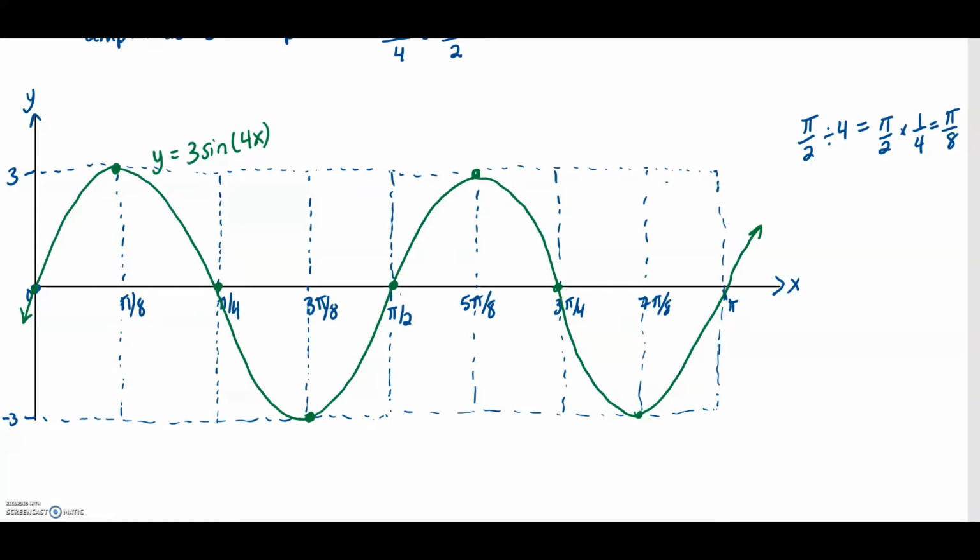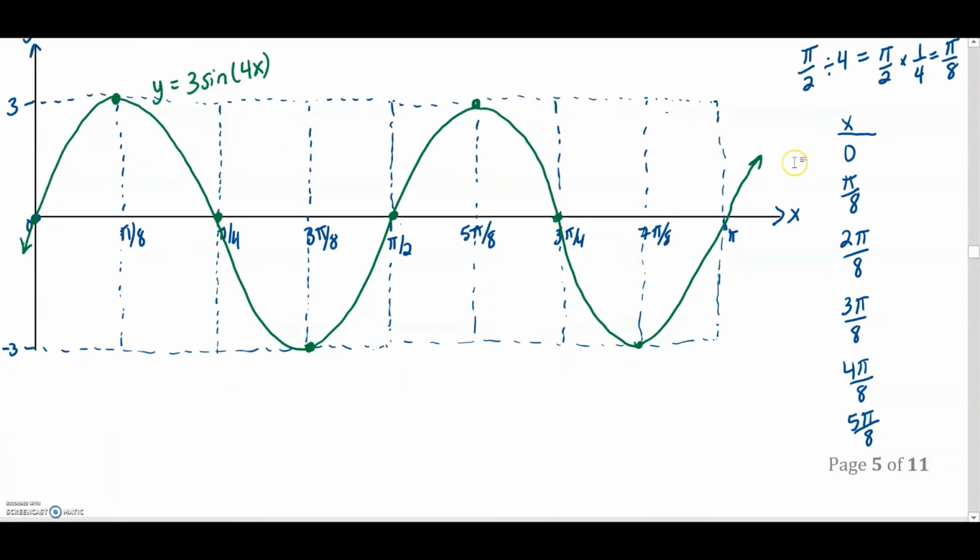So if our x values begin at 0, we have 0 pi over 8, so 1 pi over 8, 2 pi over 8, 3 pi over 8, 4 pi over 8. If we continue into a second period, we get up to 8 pi over 8. Let's just do one more, 6 pi over 8. And the markings I showed on my graph are the simplified values.